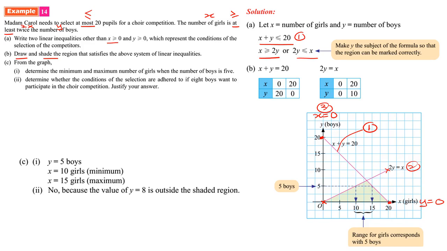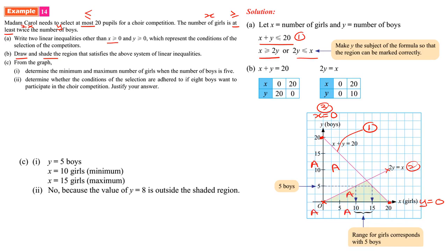Now use letters to mark the regions. For the first linear inequality, less than or equal to is the region below, so we use letter A to mark the region below this line.